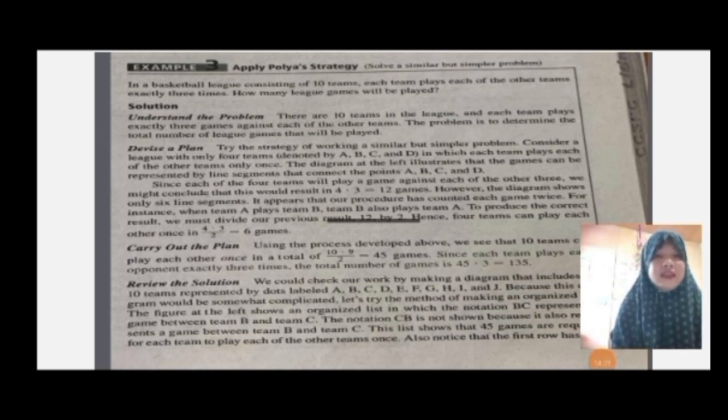Try the strategy of working a similar but simpler problem. For the carry out the plan using the process developed above, we see that 10 teams can play each other once in a total of 10 times 9 divided by 2 equals 45 games.